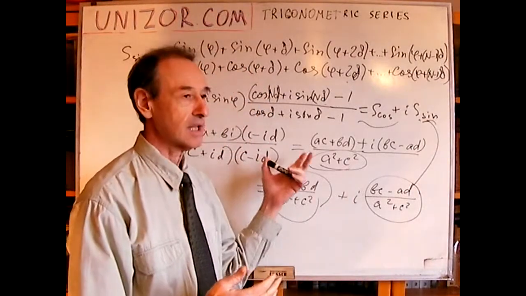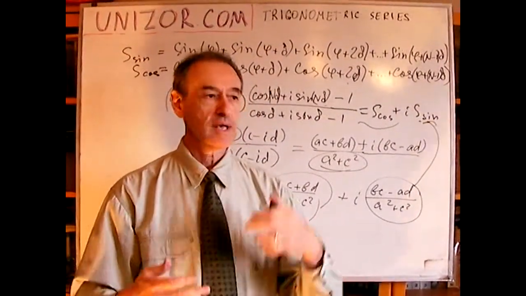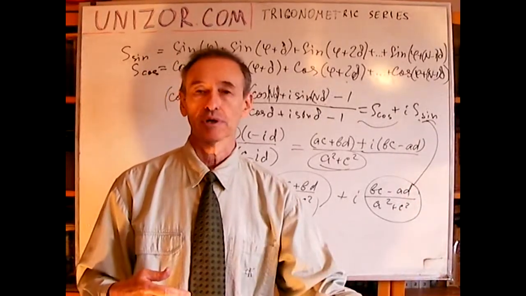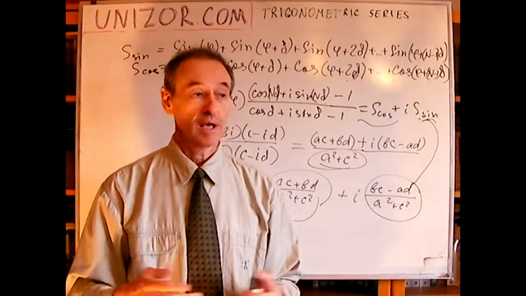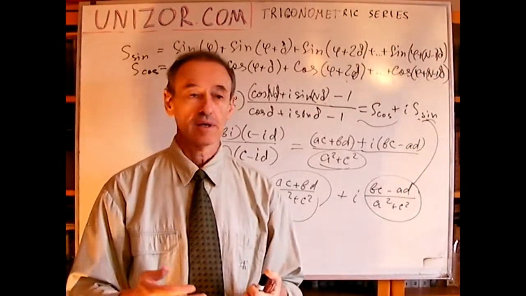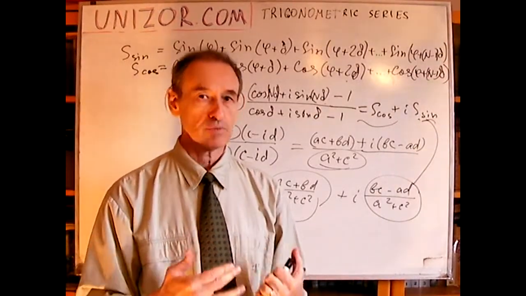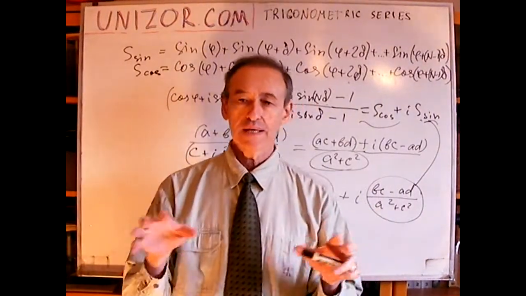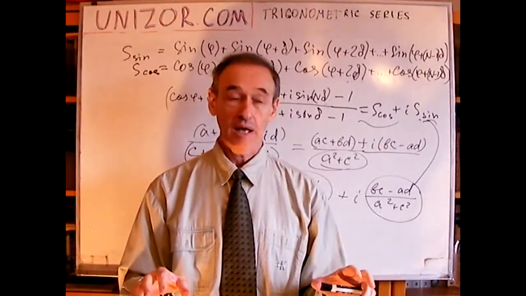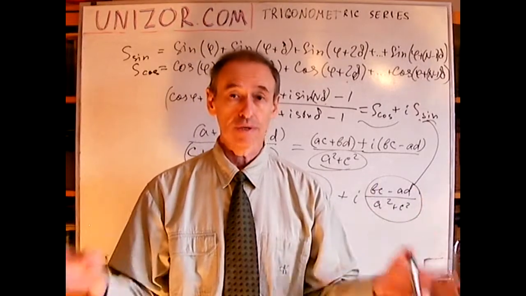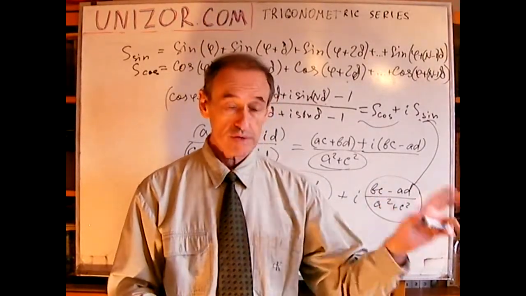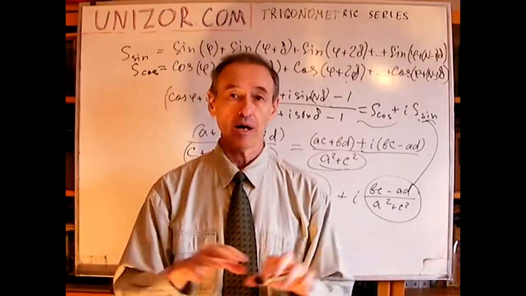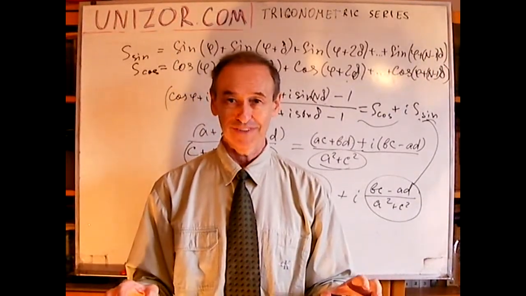Here we have trigonometry and complex numbers and the algebra of geometric series combined together, which is a rare occasion, and that's why I think it's very important to understand. The more you know, the more you see connections between different things, and that's not only math, it's the world as well. You know this and you know that, and they're not really separate facts. Somehow everything is related in this world.